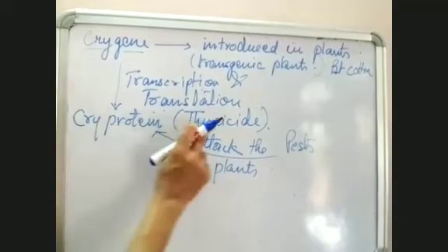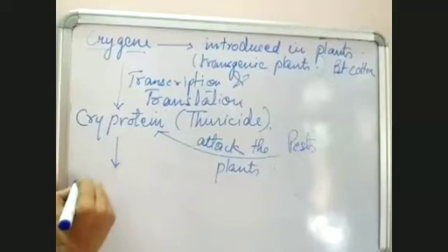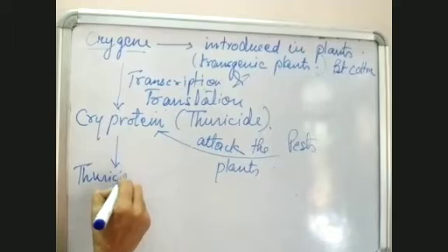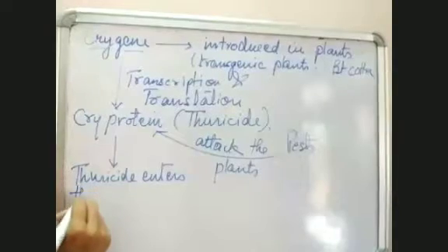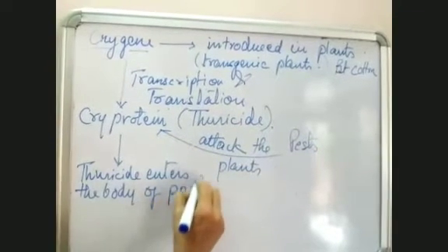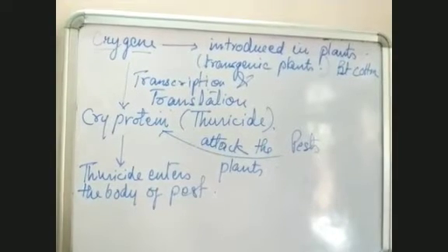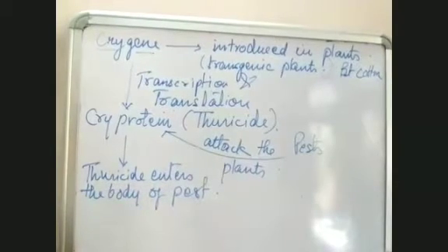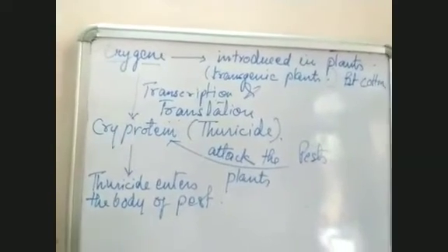So this thuricide, the cry protein, enters the body of the pests. And this thuricide is toxic to the pests. That means it is not suitable for the pests. It kills the pests. Now what happens? How does it kill the pest?